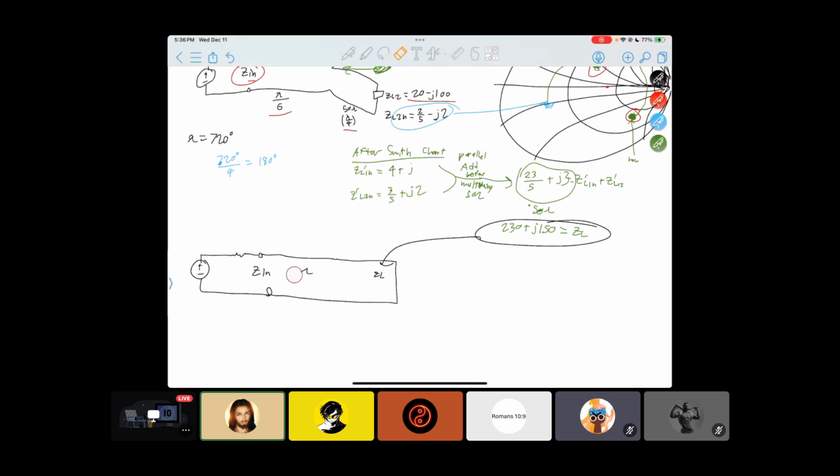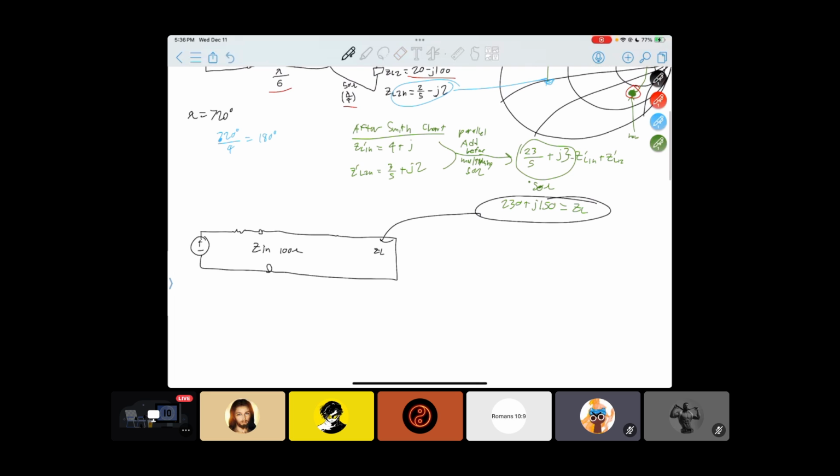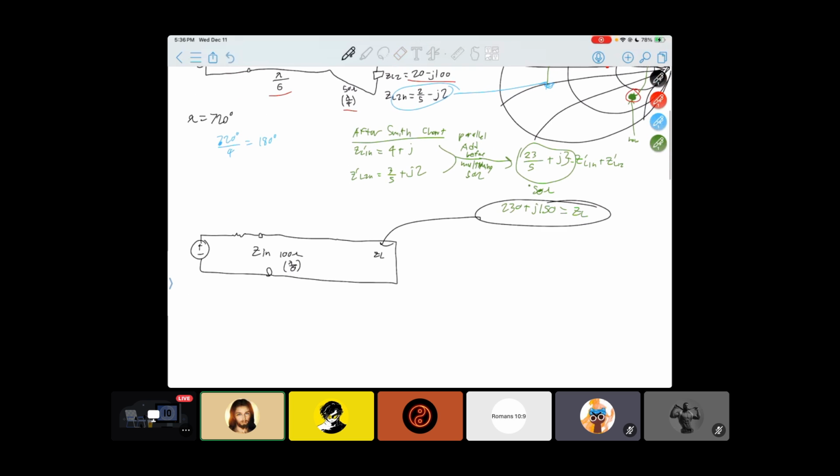So if this was, for example, let's just be fun and make it 100 ohms, I'll change this to 100. And this is also lambda over 6. So now we're given the ZL after we did all the math with simplifying the loads. To get Zin, we have to do the same procedure, but we have ZL over here. We're going to have to divide this by 100 ohms.